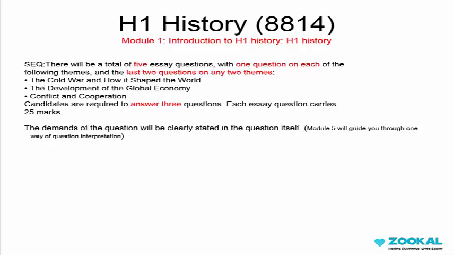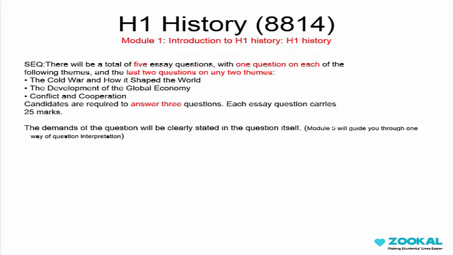Okay, so this is something that I'd like to share with you. If you took history before, you'll probably be very familiar with spotting themes. So what they're saying here is that since there'll be 1 question on each of the following themes and the last 2 questions on any 2 themes, it means that there will definitely be 1 question on the Cold War, 1 question on the global economy, and 1 question on conflict and cooperation.